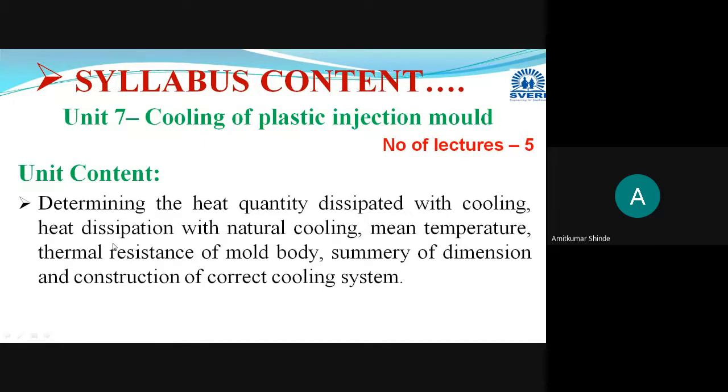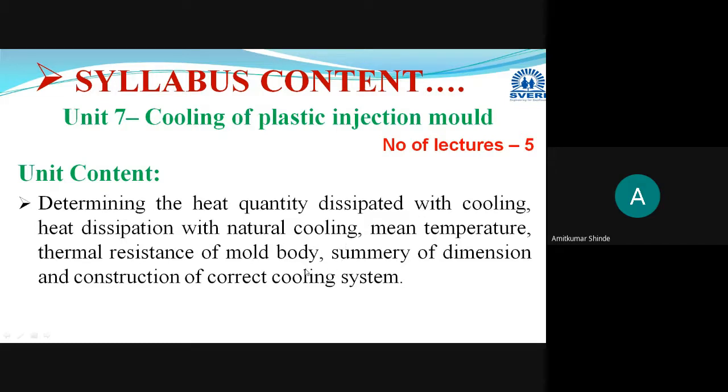In this chapter we are going to discuss how we are going to determine the heat quantity dissipated with the cooling. Then heat dissipation with the natural cooling. Then what is the concept of mean temperature? And then what is the concept of thermal resistance of a mold body? And at the end we are going to deal with the dimensions and construction of the correct cooling system.